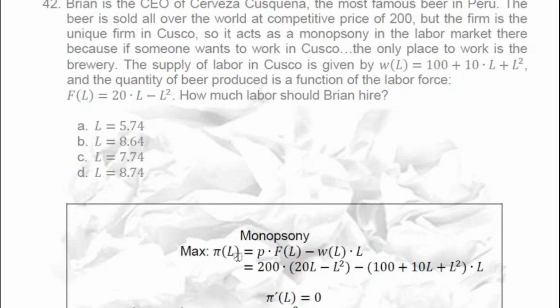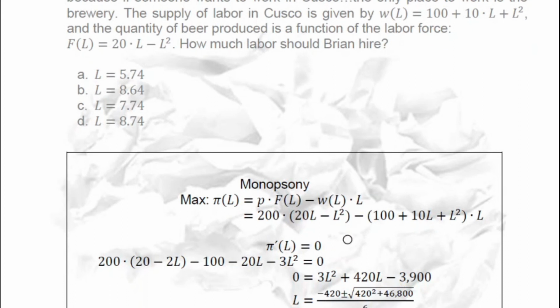You just calculate the profits and differentiate them. Okay, then if you differentiate this, 200 is a multiplicative constant, then 20L minus 2L, minus here is 100L, differentiation is 100, minus 10L squared, so minus 20L, minus L to the third, so 3L squared.